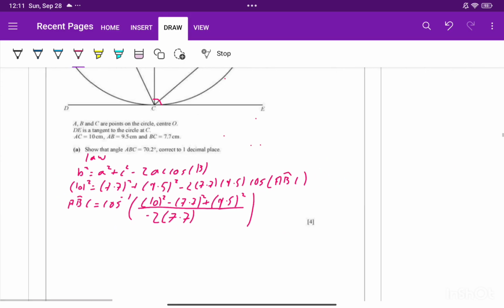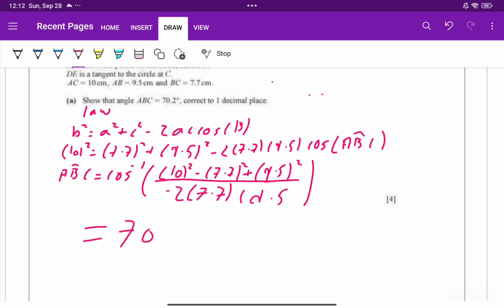So the answer will be, let's do this in the calculator, 70.2 for angle ABC.